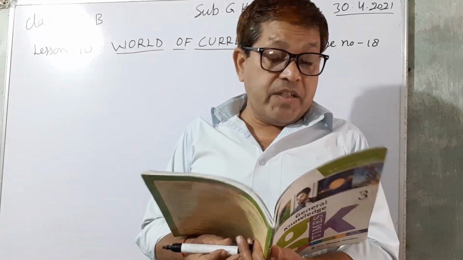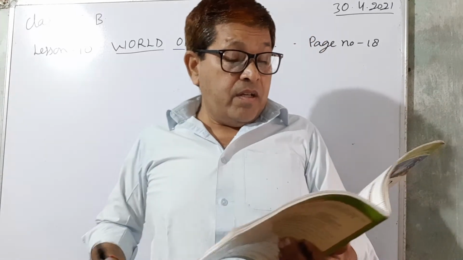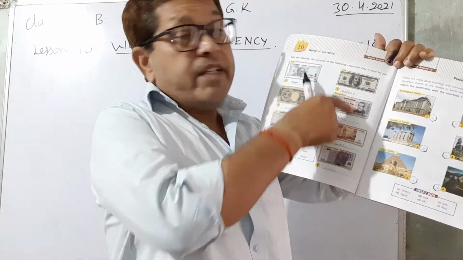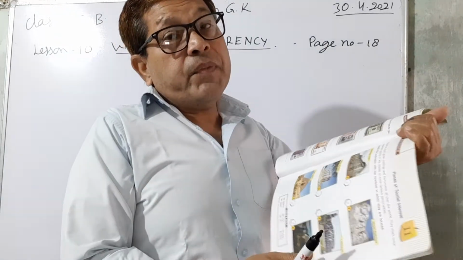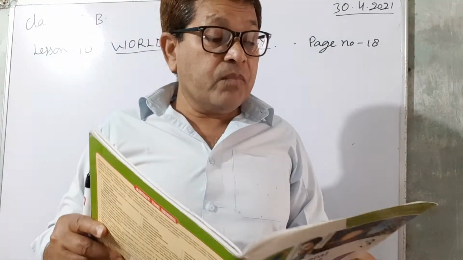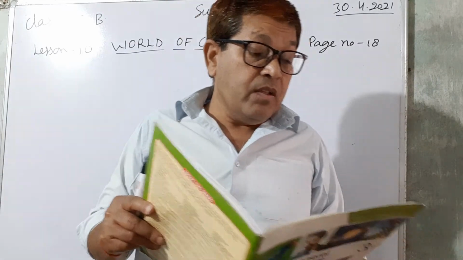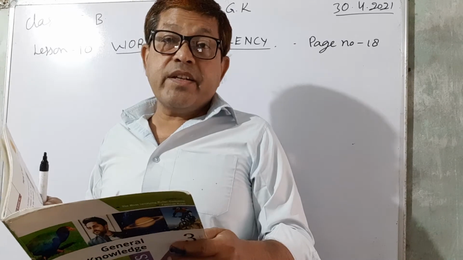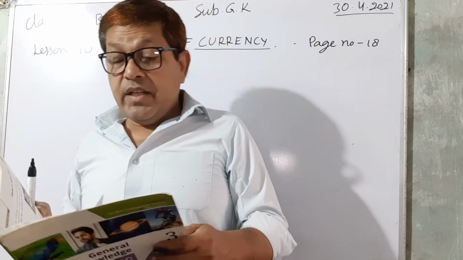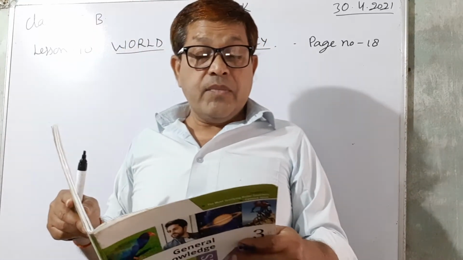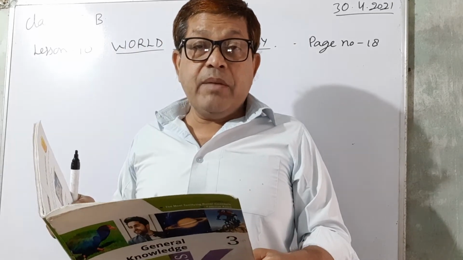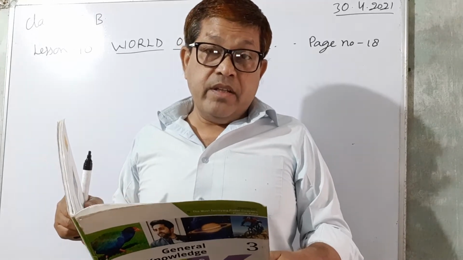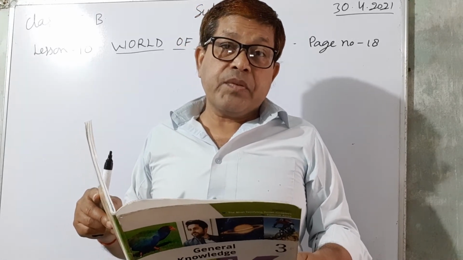So in the same way, first you have to identify diagrams. Pictures of the different currencies of different countries are given. You have to identify. So first, in the currency, name of the country is written, and you have to write the name of the currency.